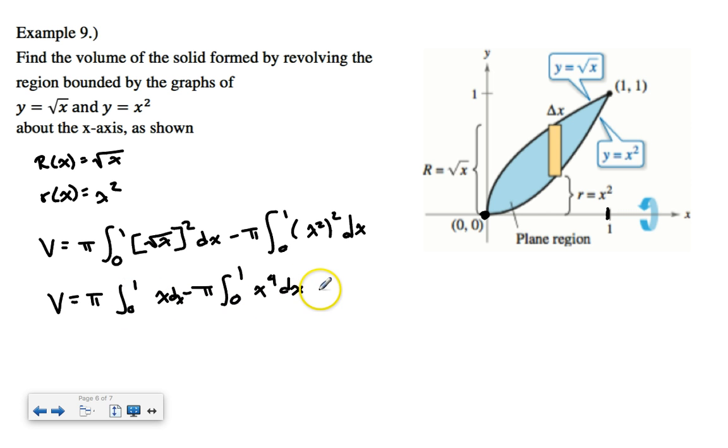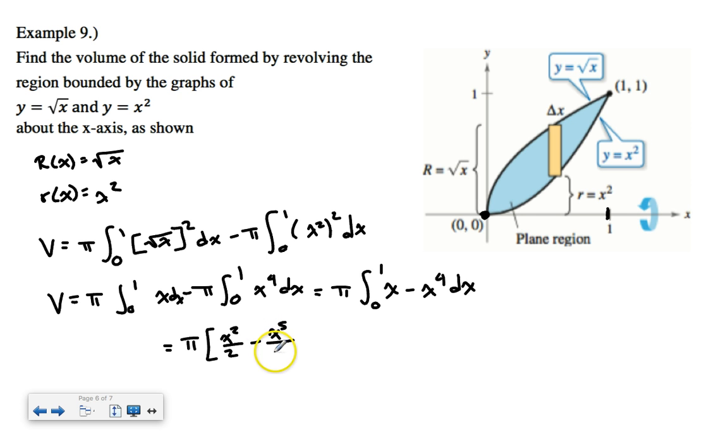Combining the two integrals into one, it's pi times the integral from 0 to 1 of x minus x to the fourth dx, which, taking the antiderivative of the inside, you get pi times x squared over 2 minus x to the fifth over 5 from 0 to 1. 0 is the lower limit, so I don't care about it anymore. So this actual volume, once you compute it out, will be 3 pi over 10.